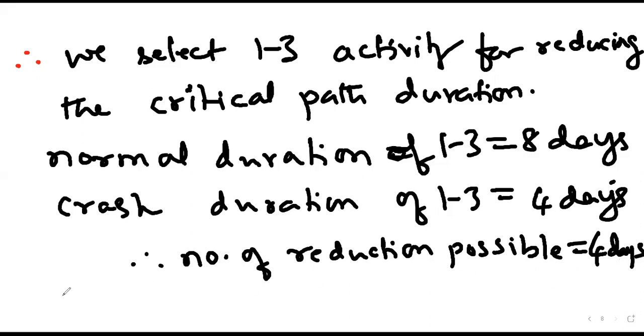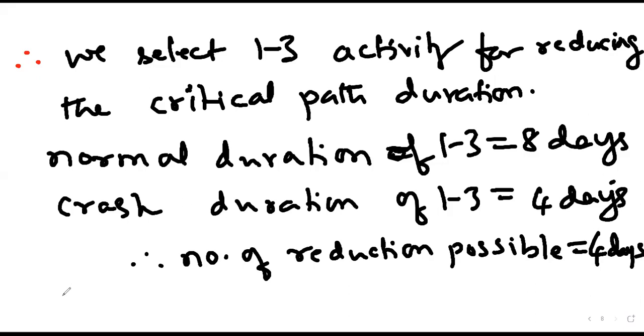Correct, we can actually reduce this activity by 4 days. But what happens is, if you reduce this activity by 4 days, what will happen to the critical path duration? Initially, it was 20 days.